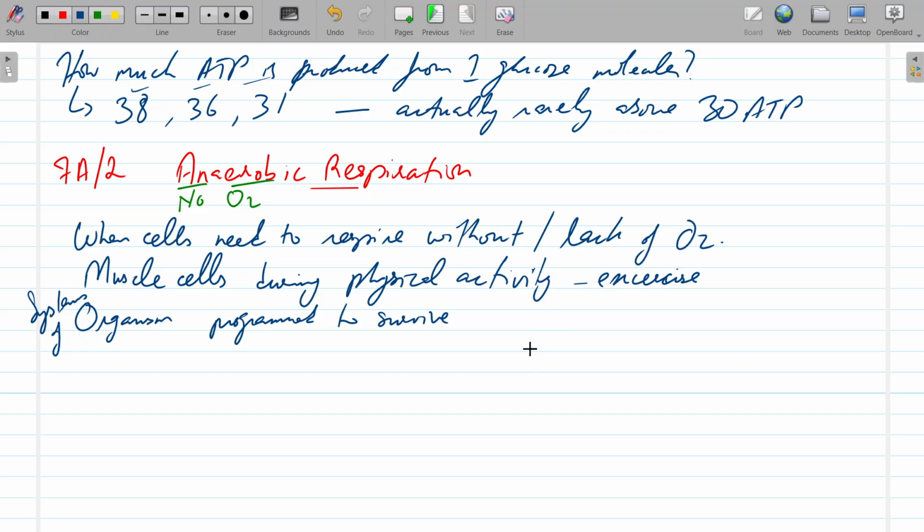So it's not like there's going to be a lack of oxygen and they're just going to say, oh, all right, so we tried and there's no more oxygen, so I'll see you later. It's not how it is. And so you could say that anaerobic respiration is sort of a fail-safe and a protective mechanism to keep the organism going.